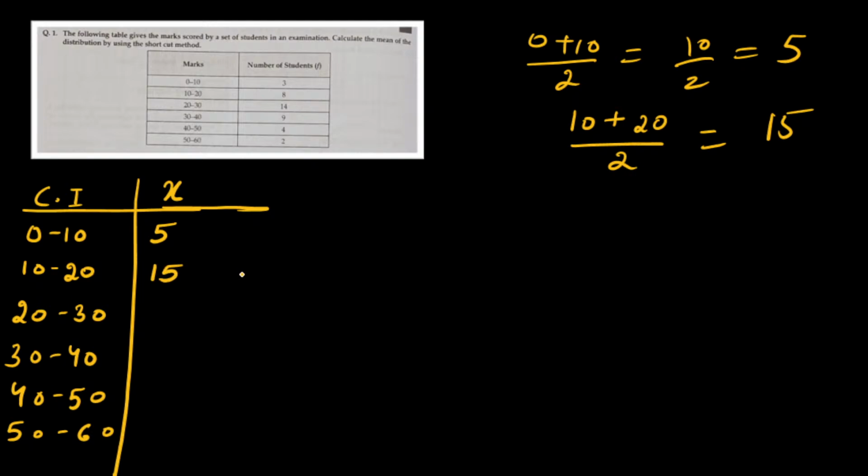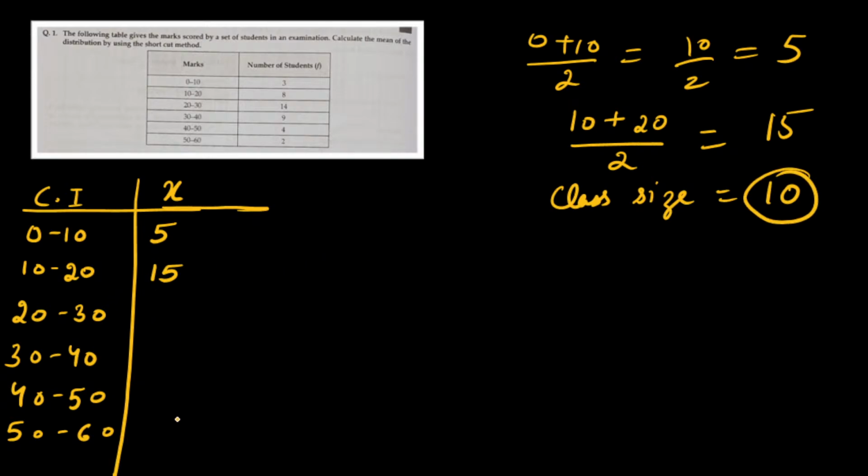Another way also I'll tell you here. Take the intervals 0 to 10, 10 to 20, 20 to 30, 30 to 40. What is the difference in each class? That is known as class size. Class size here is 10. As you can see in all the intervals, the difference is 10. You can simply add 10, the class size.